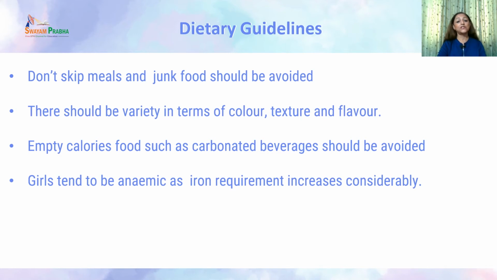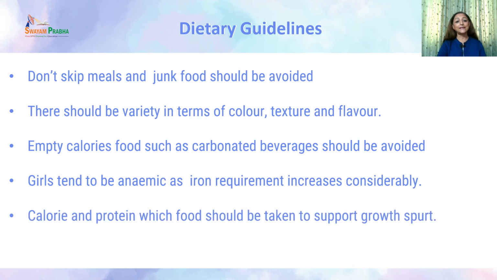So this increased iron requirement should be taken care of by providing green leafy vegetables, whole grain cereals, pulses, and if possible, non-vegetarian sources which are good sources of heme iron such as egg, meat, liver, and fish.